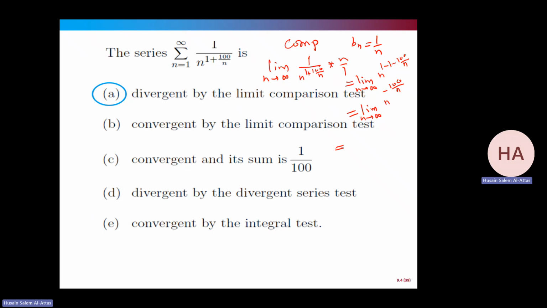And that is what? The limit as n goes to infinity of 1 over n to the power 100 over n. How can we find this limit?